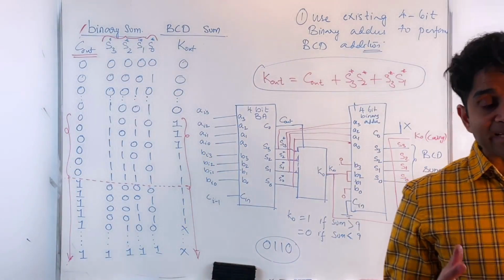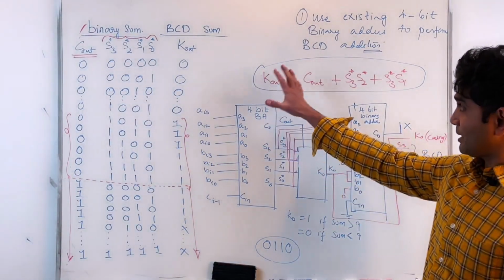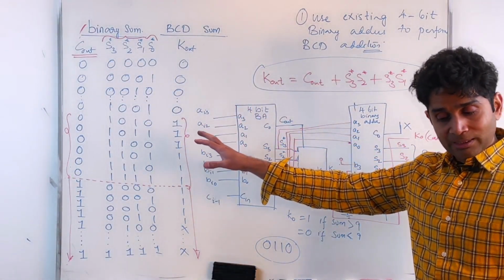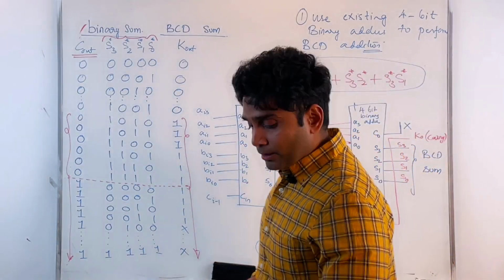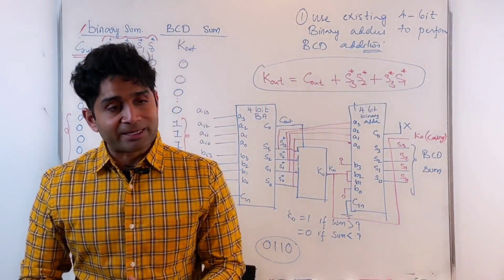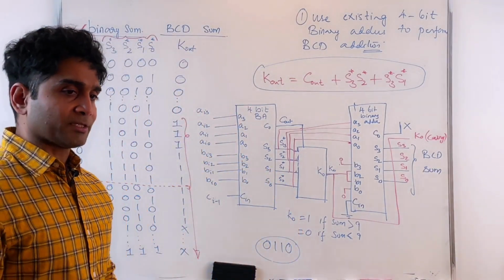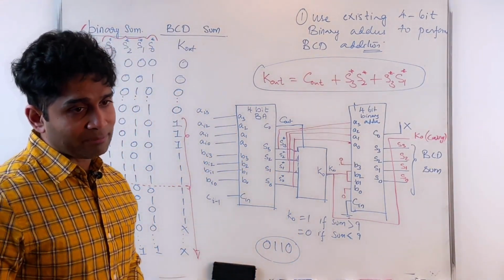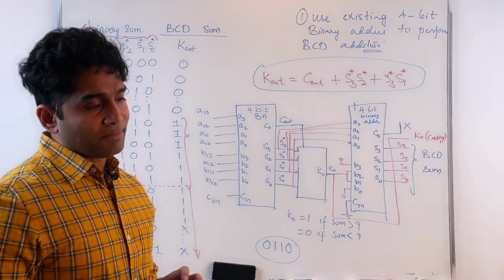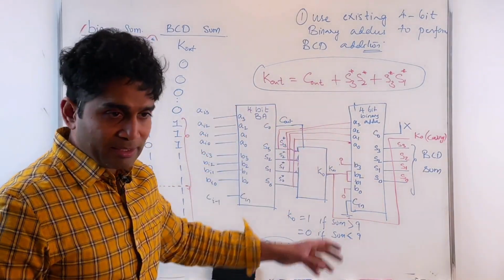You need to decide what size binary adder you need to use. In this case, for example, we have used a 4-bit binary adder. For part 5b, you should decide what size binary adder you should choose. Okay, and see if you can implement that circuit. Part 5b, as you will see, is much simpler than implementing a binary coded decimal adder.